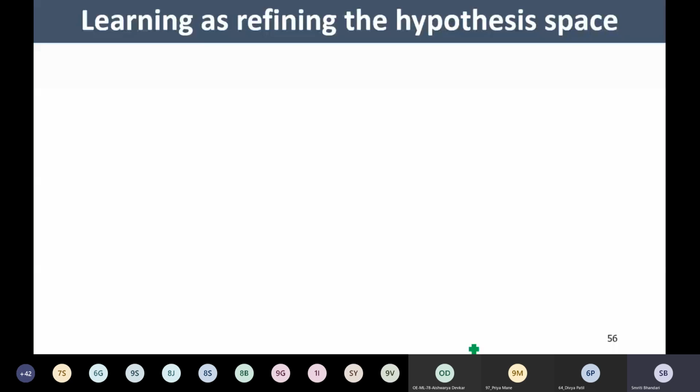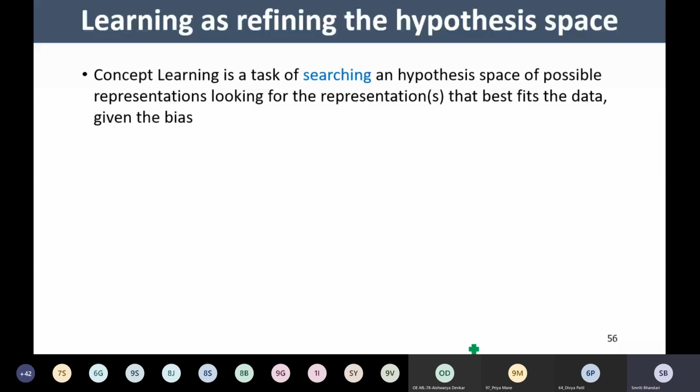Let's look at a few final comments regarding the hypothesis and hypothesis space. Usually this task of concept learning is a task of searching a hypothesis space of possible representations, looking at the hypothesis that best fits the data given some kind of a bias.